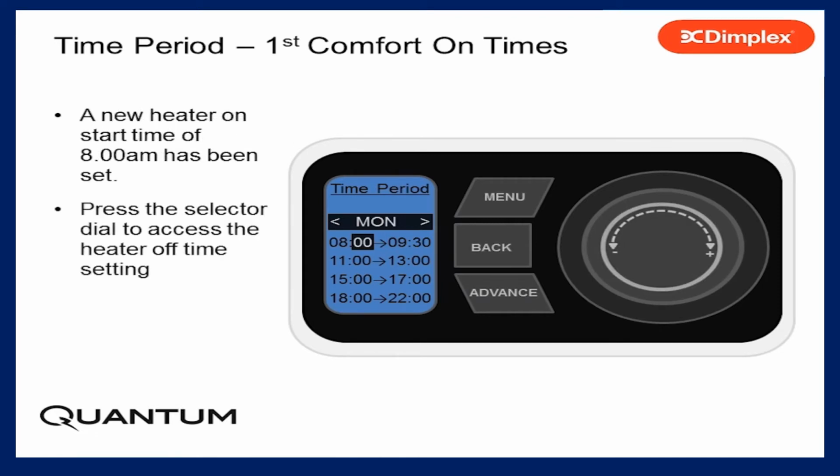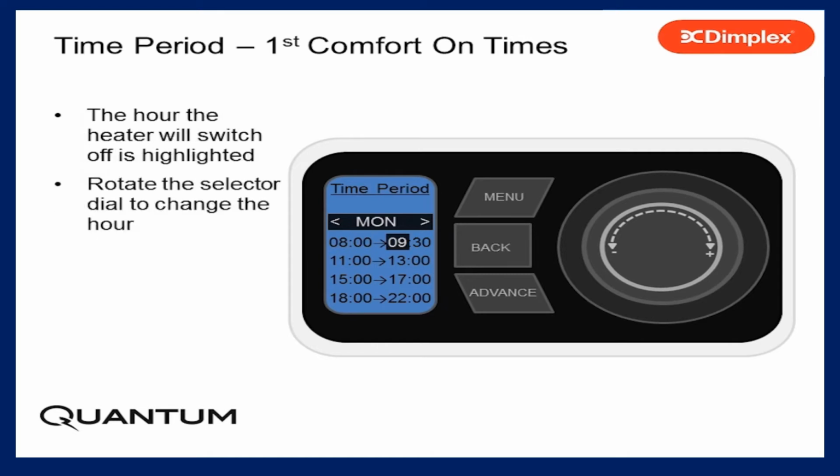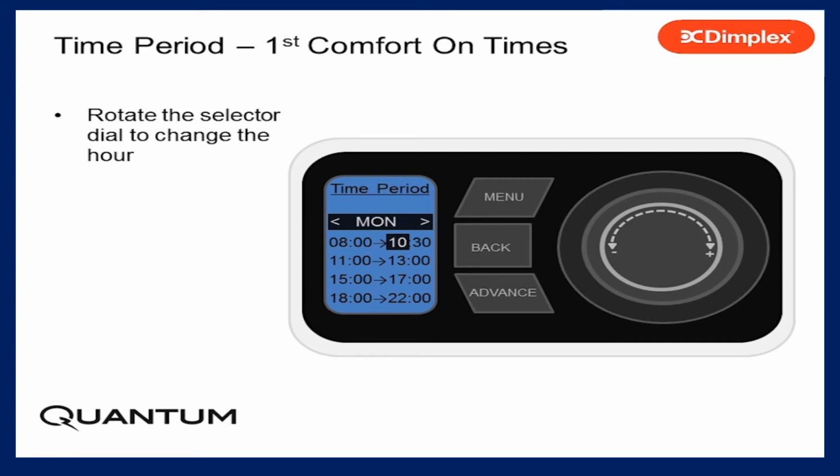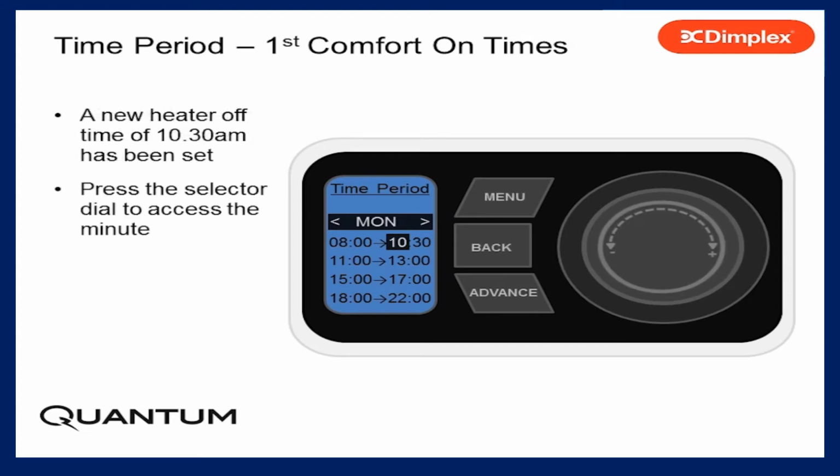Press the selector dial to access the heater off time setting. The hour the heater will switch off is highlighted. Rotate the selector dial to change the hour. A new heater off time of 10:30 AM has been set.